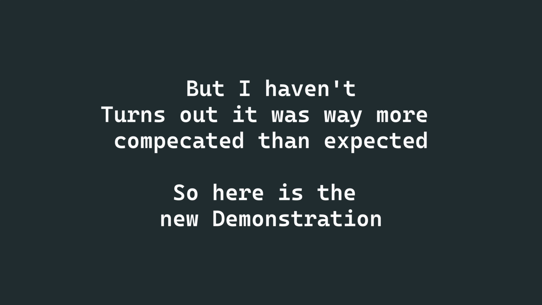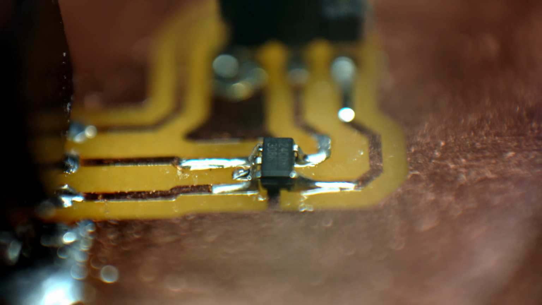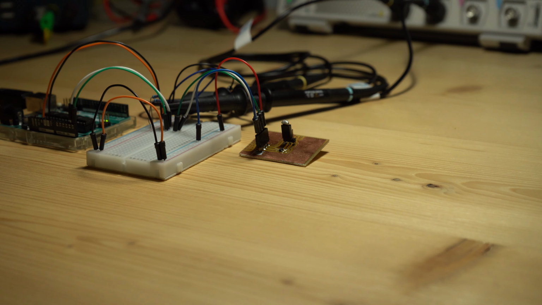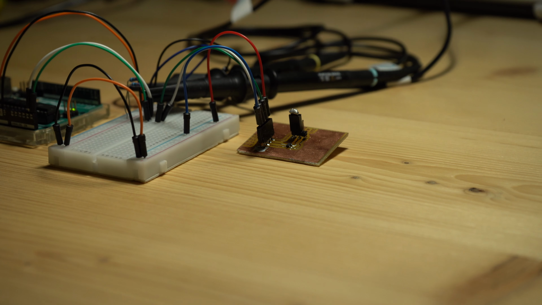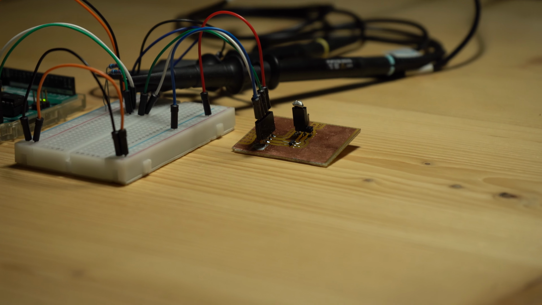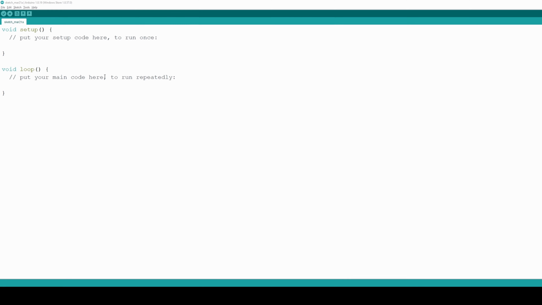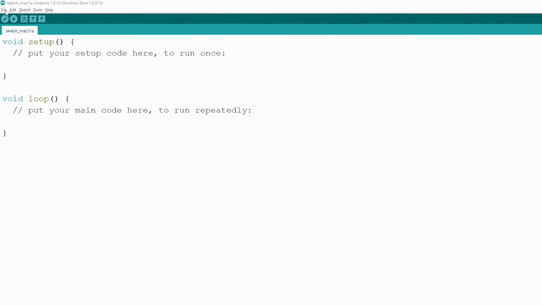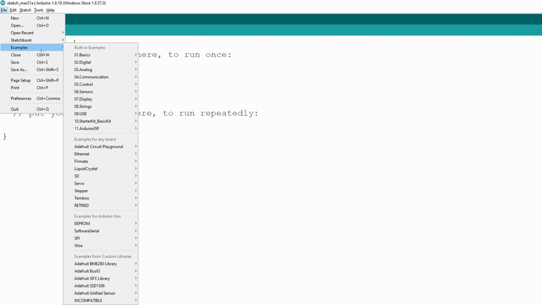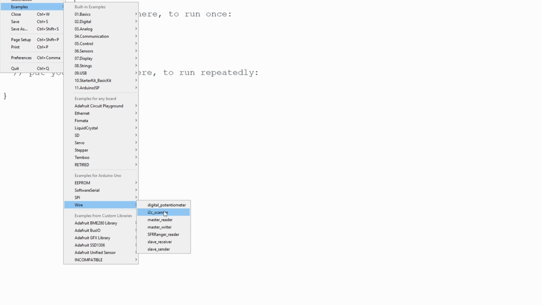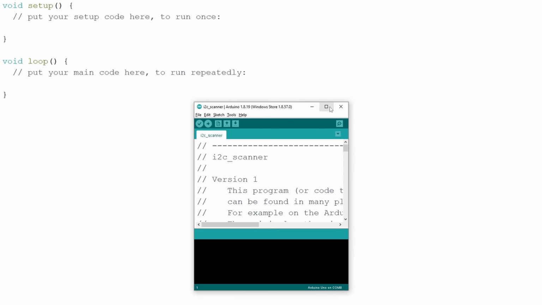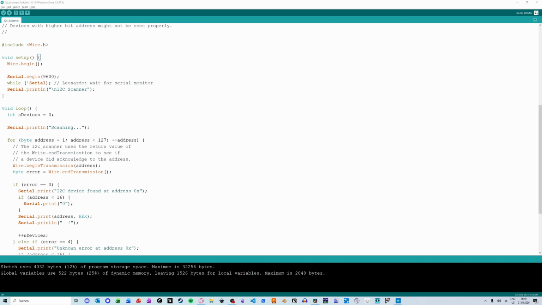We're simply using an EEPROM instead of our 16x2 character LCD that's connected to our Arduino with I2C. The first thing we need to get is the I2C address of our EEPROM. Simply go to File, Examples, I2C, and open the I2C scan example. Now upload it and open the serial monitor.